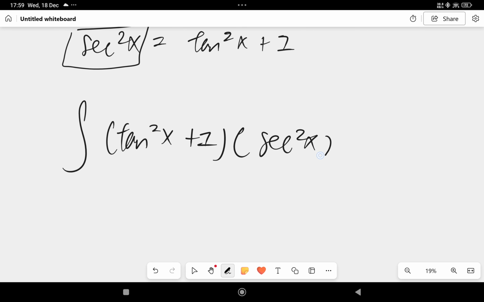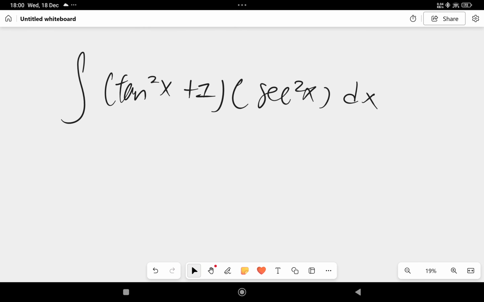So we are integrating tangent squared x plus 1, times secant squared x. This is kind of complicated because we have a product. Most students will try to use the DI method, which is differentiation integration, or the tabulation method. From my personal experience, I would use u-substitution, because if you differentiate tangent you get secant squared, and you can cancel it out.